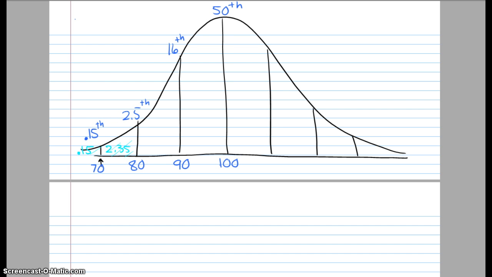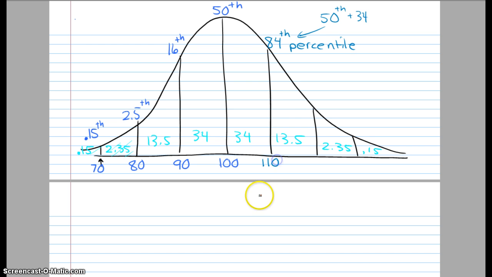Now, if you recall these numbers that we had, areas under the curve in the slices from the empirical rule, if I took that 50 and I added it to this 34, the 50th percentile plus the 34 makes this the 84th percentile. The 84th percentile is the score 110.